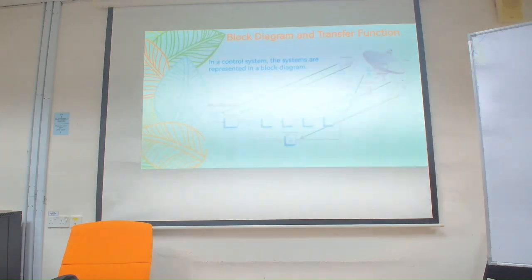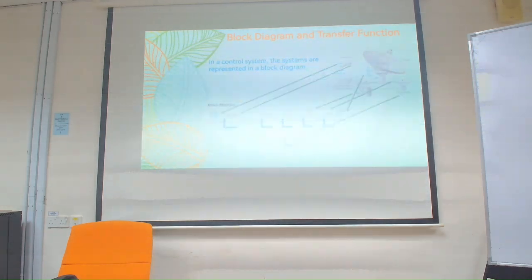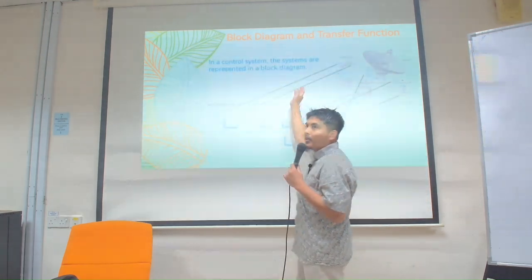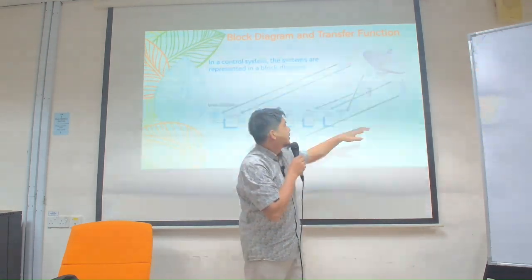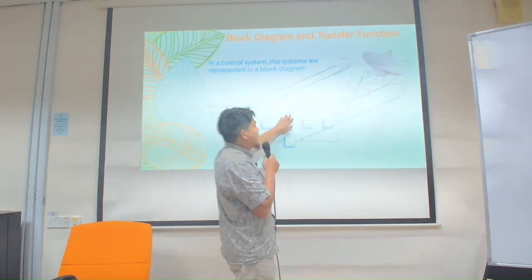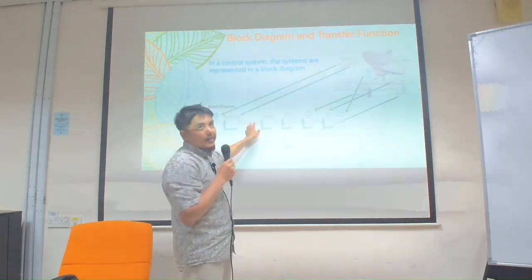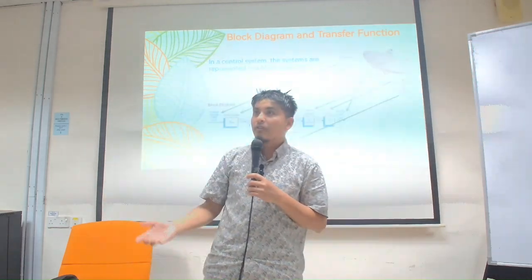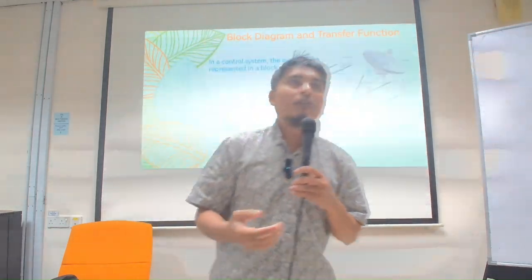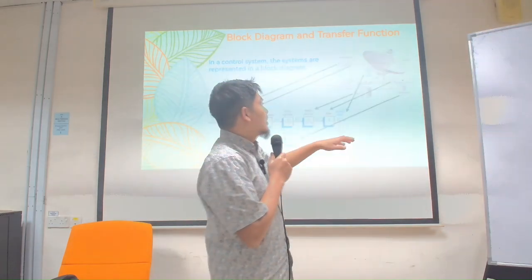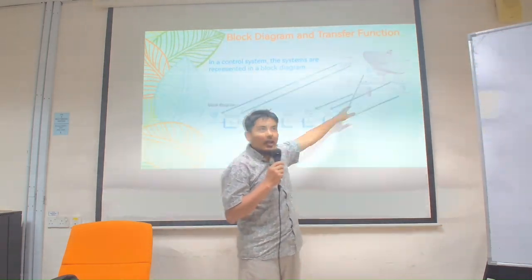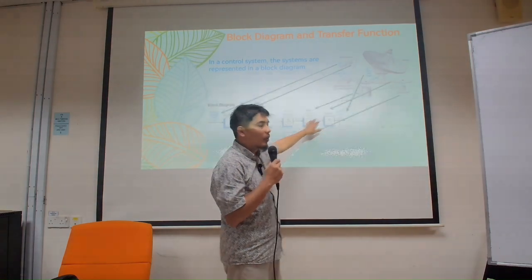In a control system, the system is represented in a block diagram. You can see that this is the example azimuth antenna. The azimuth antenna can be converted into a block diagram. You learned in control one about Mason's rules, block reduction, and so on. It represents a system, and the system is converted to a block diagram.